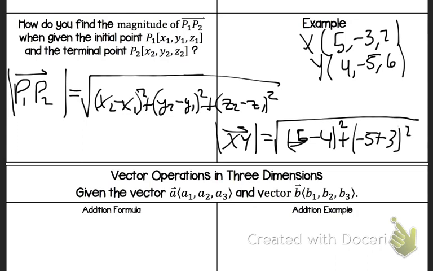You can do it either way, because it's squared anyway, so it doesn't matter. Plus 2 minus 6 squared. Okay, if you do all that, it should come out to be square root of 21.